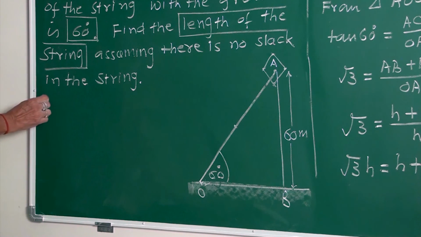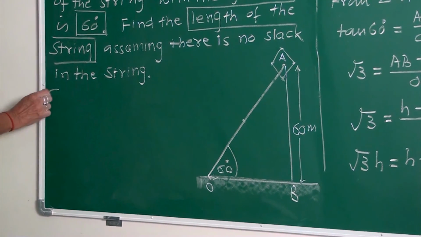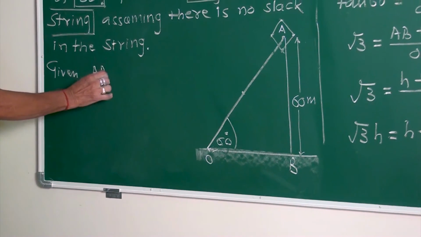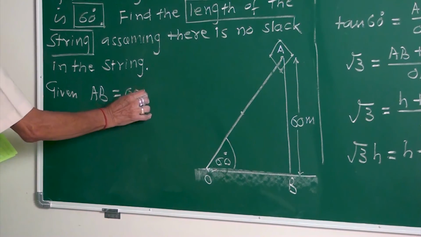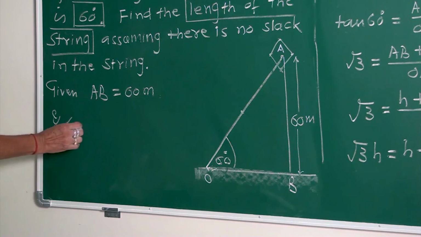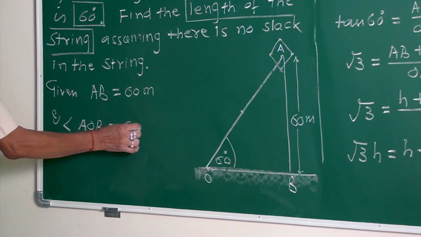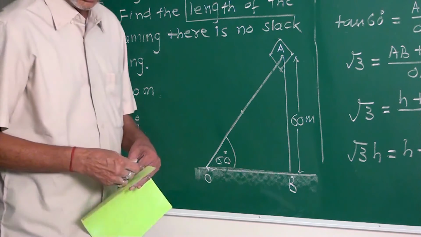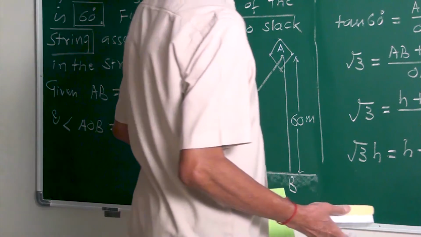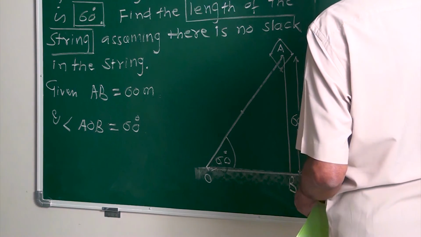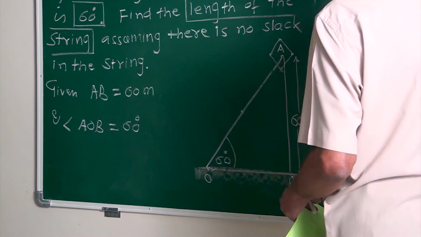Given AB equal to 60 meters and angle AOB is 60 degrees. It is quite simple. Directly, if you take tan 60, you get the answer.